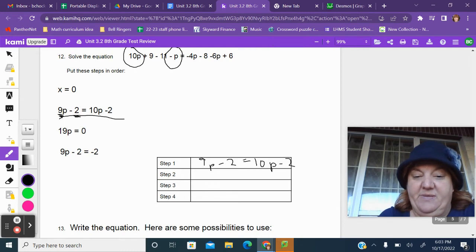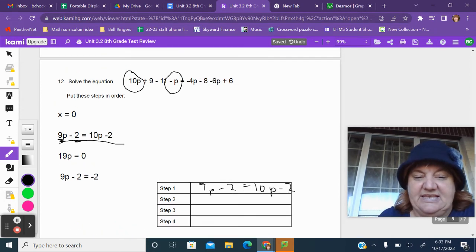Well, if we move the p over here, minus 10. So let's see. Minus 2, minus 2. So, whoa, wait. So then, this is a negative 10p because negative and negative.